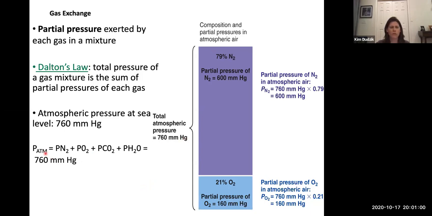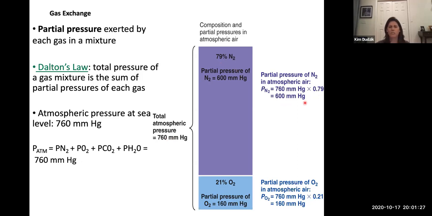What we know is that at sea level, the total atmospheric pressure produced by all of the gases in the atmosphere is 760 millimeters of mercury. To find the partial pressures, since nitrogen makes up 79% of the total atmosphere, you can just multiply 760 times 0.79.